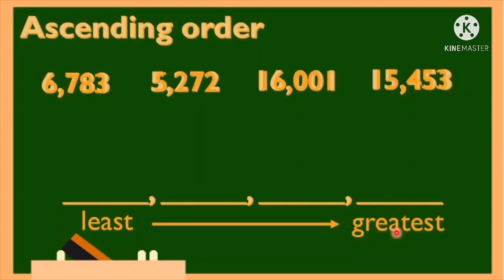The third and the fourth numbers have 5 digits. So, if we are about to find the least number, we will concentrate on the 2 numbers that have 4 digits. Right? Okay. So we will concentrate on these 2 numbers.